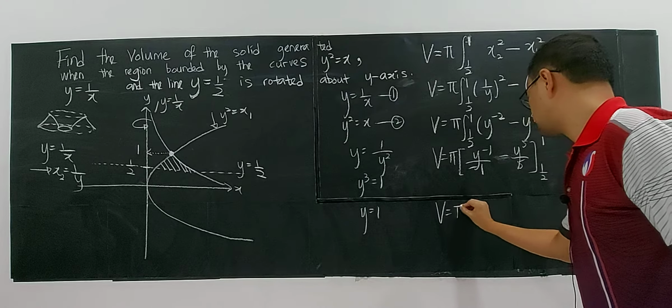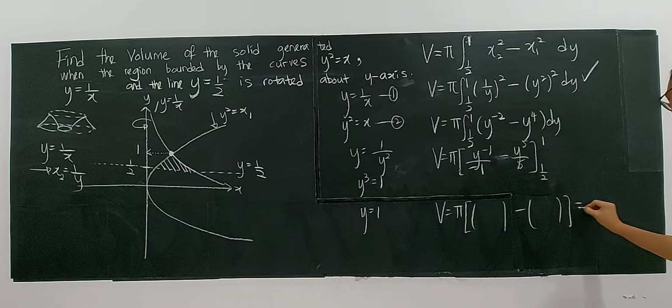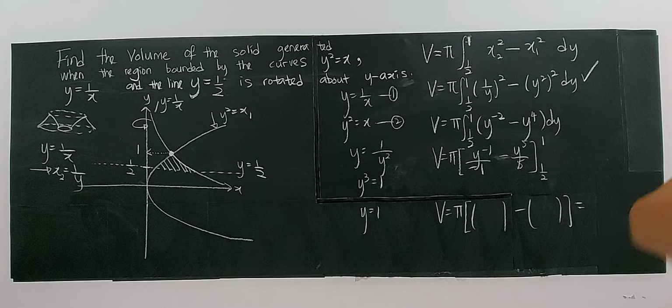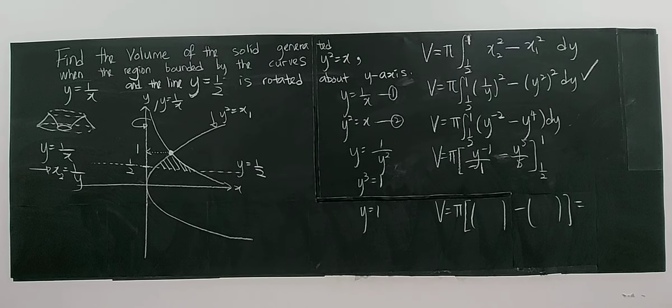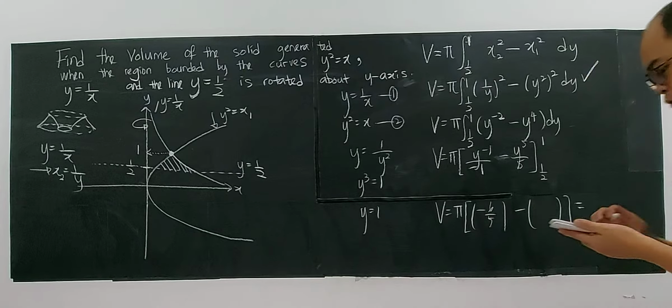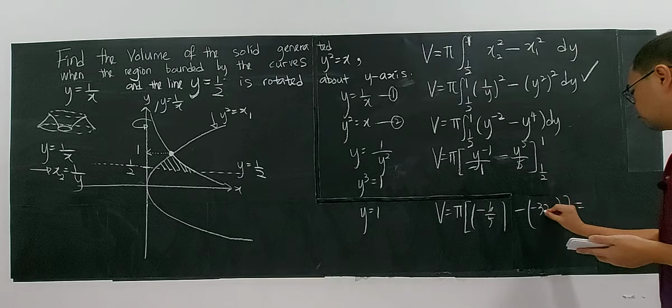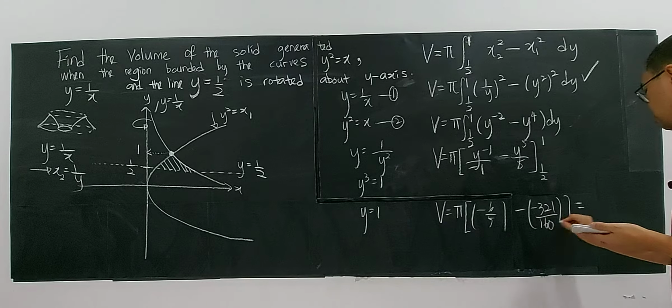Let's see what value we get. We get negative 6 over 5 for the upper limit, and substituting 0.5 we get negative 321 over 160.